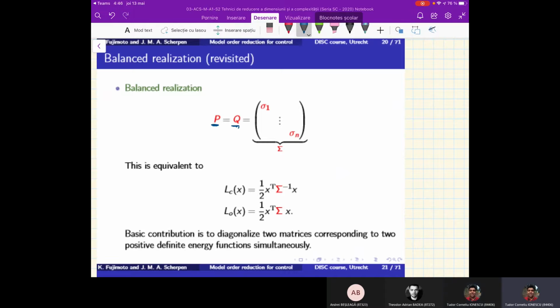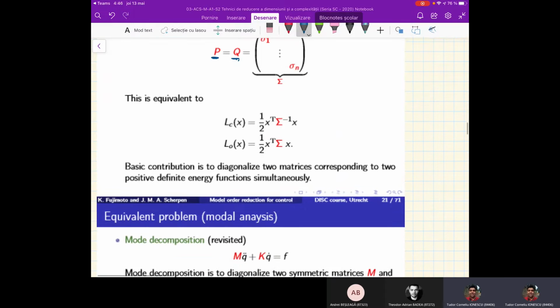Hence, in balanced coordinates, the controllability function and the observability function have specific measures: the sum over i from 1 to n of half xi squared times 1 over sigma i, and the sum over i from 1 to n of half xi squared times sigma i.